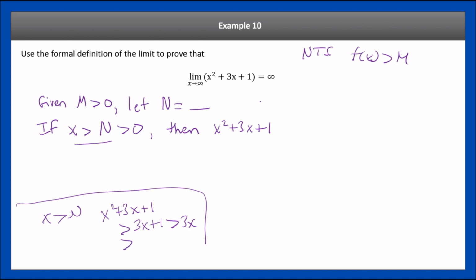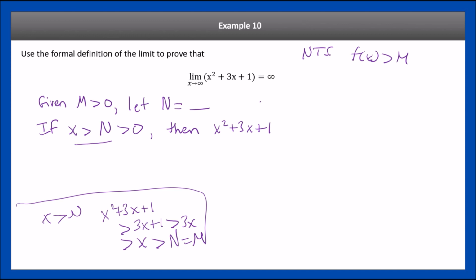And 3x has to be greater than x. But we know that x is greater than n, so therefore we can say that this is greater than n. But then we can say that n is equal to m.